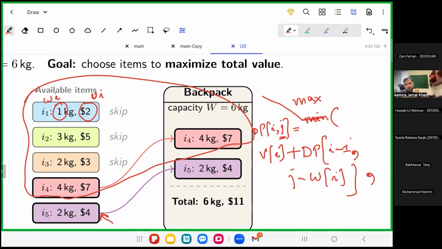So if I don't pick the ith item, then I must pick items from the list 1 through I minus 1, right? So it's going to be dp of I minus 1, comma, J. Yeah. My capacity is unaffected in this case, right?